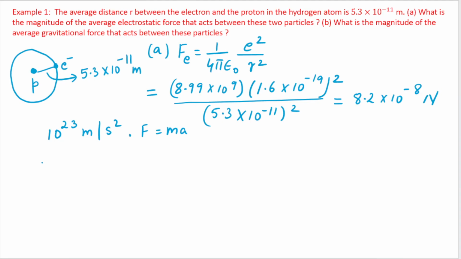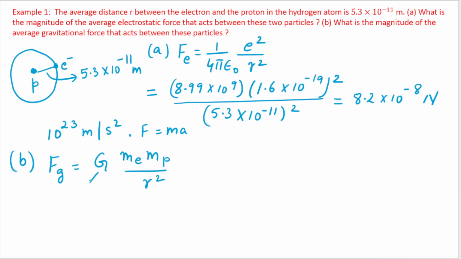Now let us solve for part B. Part B says, what is the magnitude of the average gravitational force that exists between the proton and the electron? The average gravitational force Fg is given by G, mass of electron times mass of proton divided by r square.